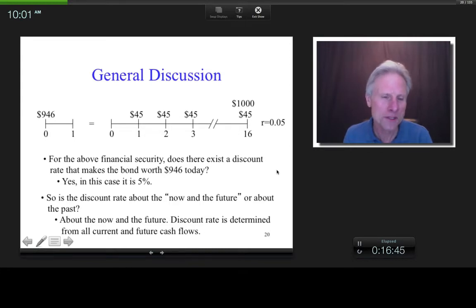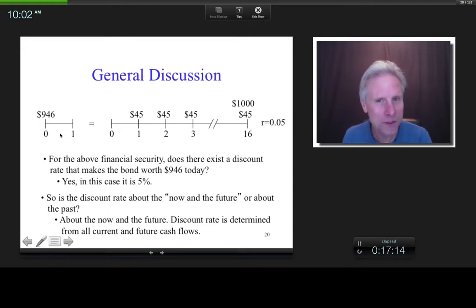Think of it this way, right? Let's say you're thinking about buying stock. Now, do you buy stock today in a direct sense because of what the previous guy, whoever's selling you those shares, made on those shares? Or do you buy stock today based on what you hope to get out of it?